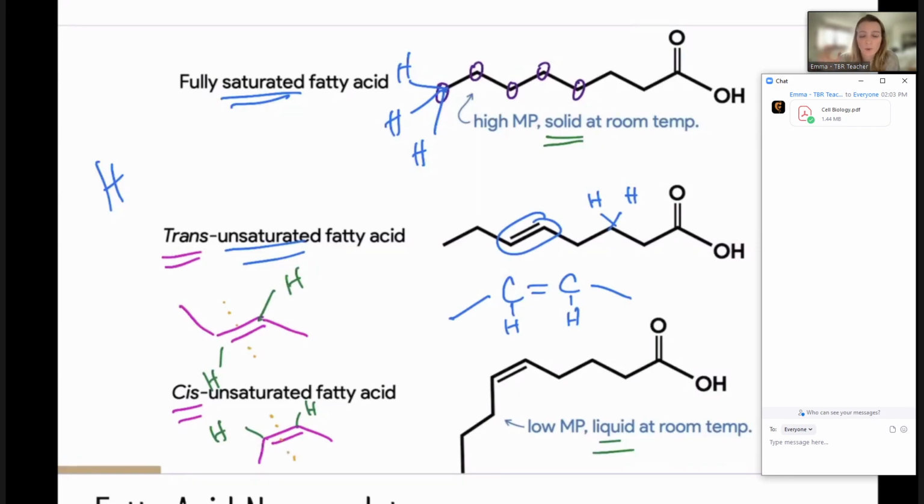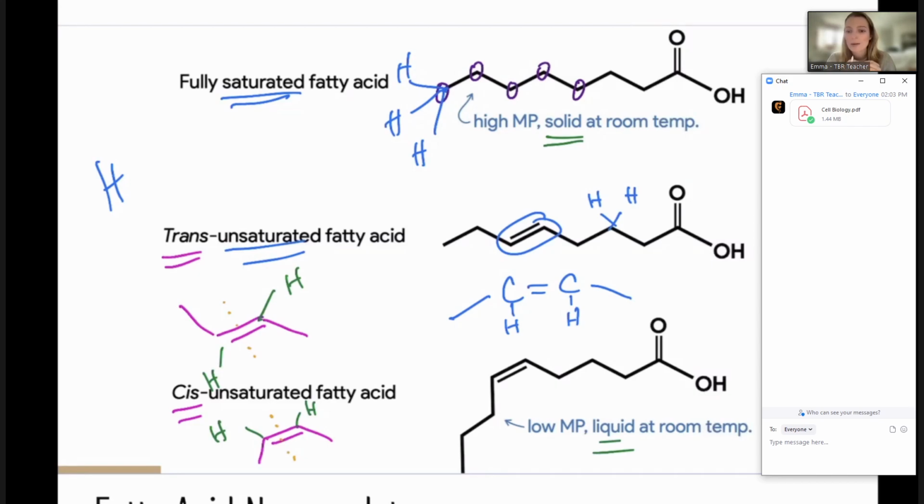Now, the reason that this is important for us, and I'm sorry if this feels like review, is because this is going to potentially change the way we think about lipid molecules that are going to become part of the plasma membrane, when we think about how temperature affects something called fluidity. And so we need to remember these basic points.